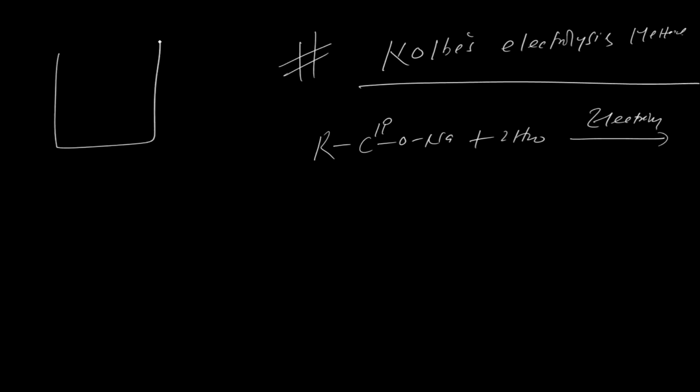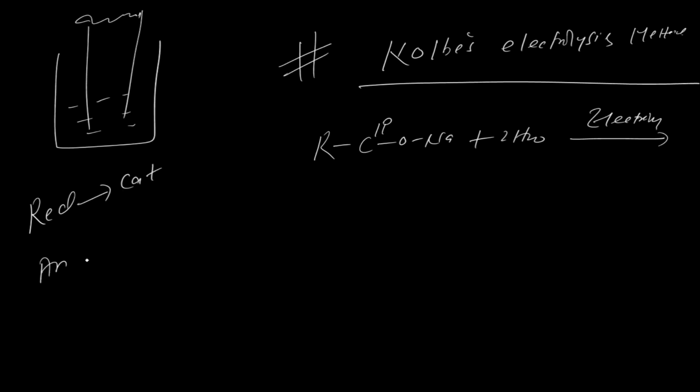For electrolysis, you remember, we need this solution here, and we take one cathode and one anode. As I told you, "red cat": reduction takes place at the cathode, and oxidation takes place at the anode.